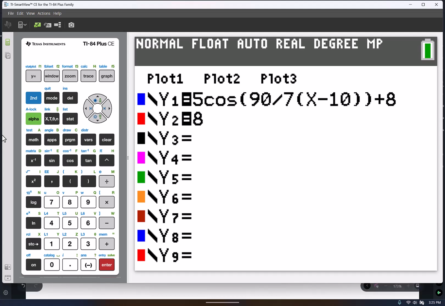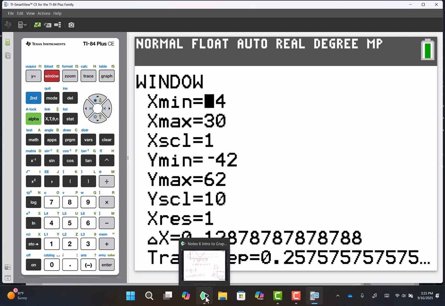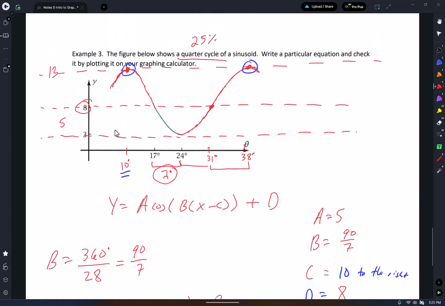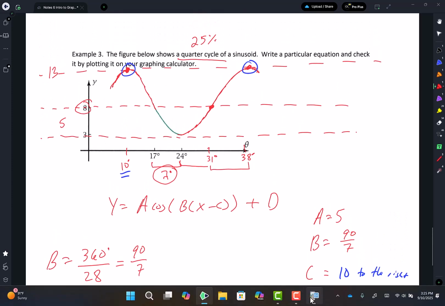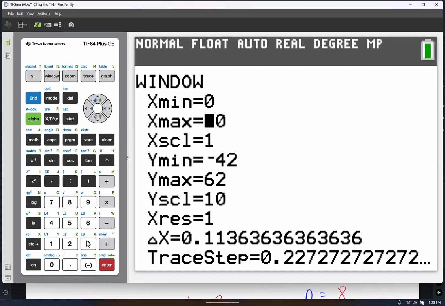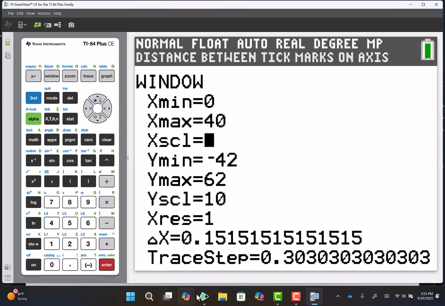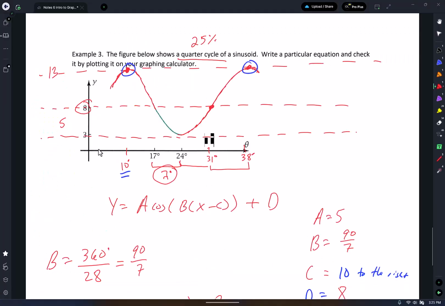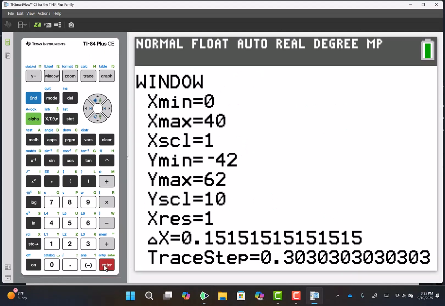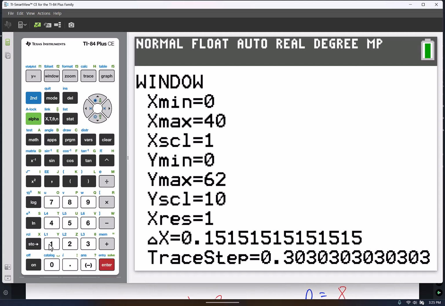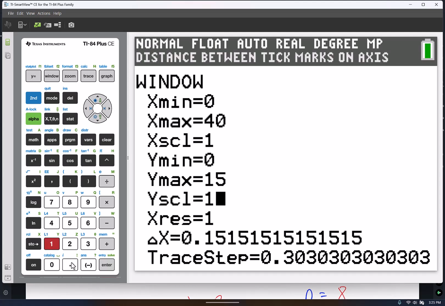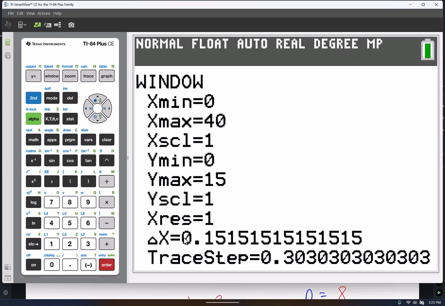I'm going to push window. And all I care about is this window. So I'm going to go 0 to like 40 for x. X scale by 1. Y min, I'm going to go 0 to 15. Y scale by 1. X res, leave it alone. Delta x, leave it alone. Trace step, leave it alone. Graph.